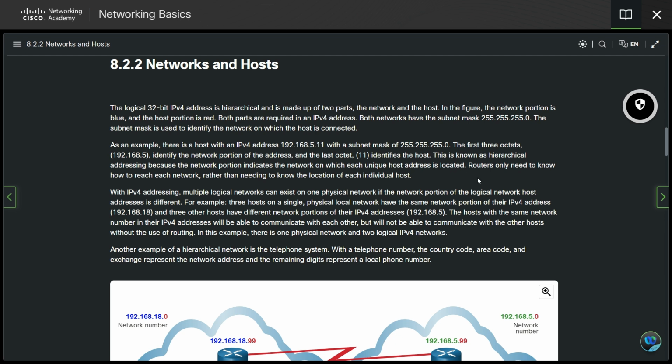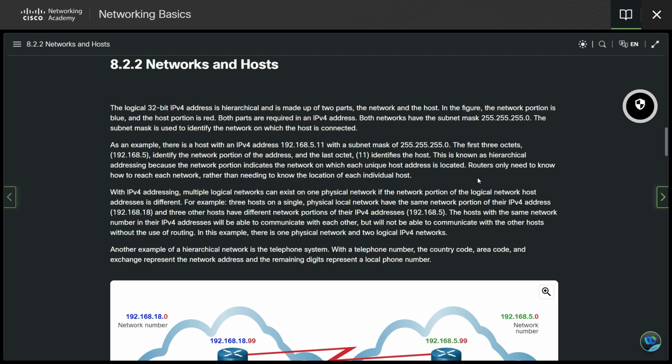This is known as hierarchical addressing, because the network portion indicates the network on which each unique host address is located. Routers only need to know how to reach each network, rather than needing to know the location of each individual host. With IPv4 addressing, multiple logical networks can exist on one physical network if the network portion of the host addresses is different.